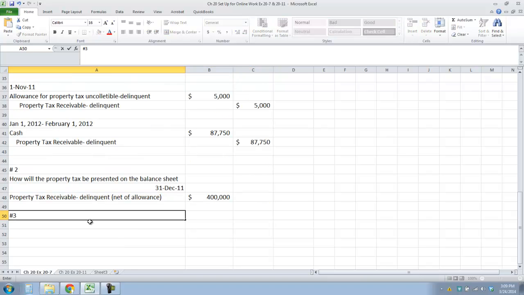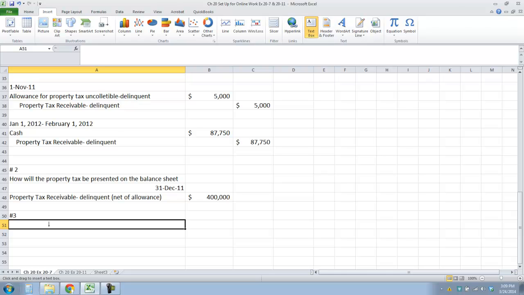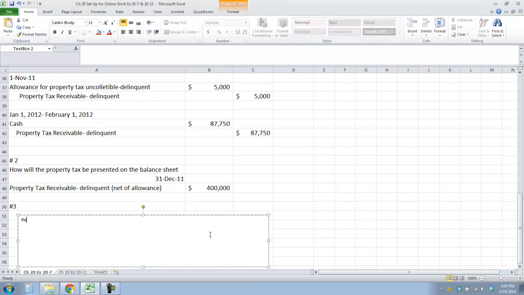And then number 3 says, what would revenue equal? Revenue would equal the tax levy less uncollectible amounts, less amounts not collected within 60 days of the end of the year.